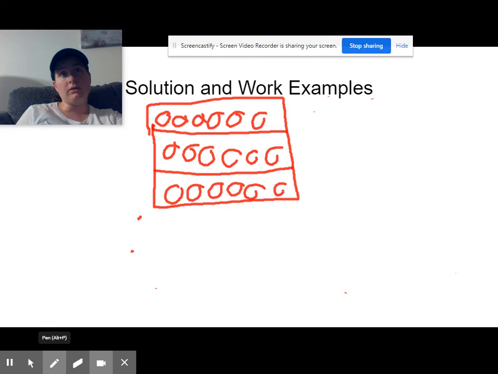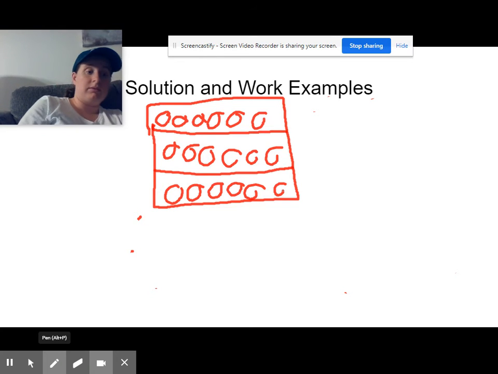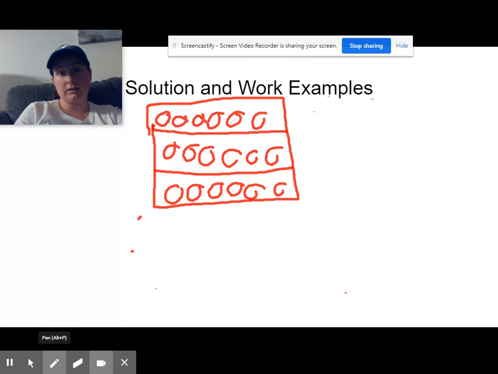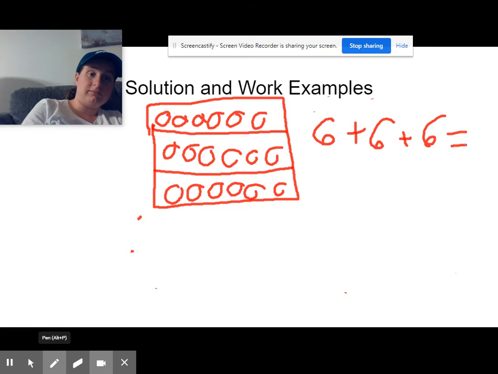And we need to find the total. So we can count each up. If you knew how to skip count by 6, you could do that. And you could go, 6 plus 6 plus 6 gives us our total. Or we see 1 row, 2 rows, 3 rows.